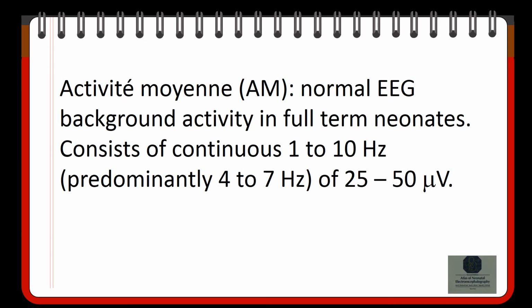Other authors have defined it as a normal EEG background activity in full-term neonates that consists of continuous 1 to 10 Hz, predominantly 4 to 7 Hz activity with an amplitude of 25 to 50 microvolts.